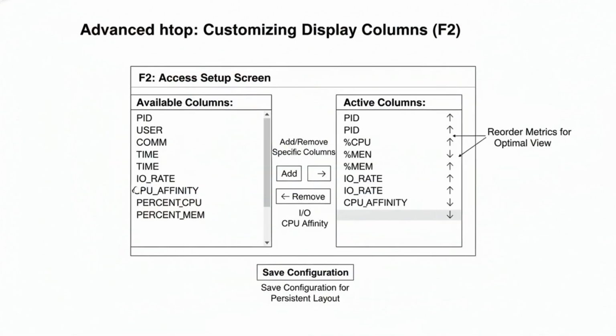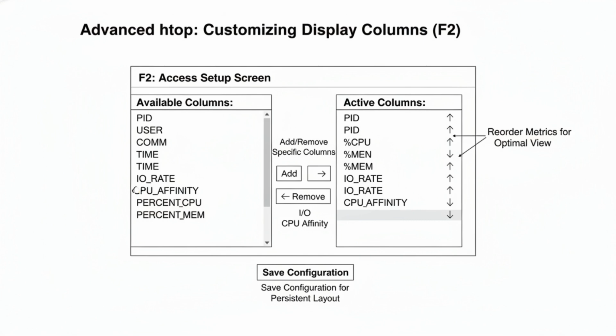To truly tailor htop to your specific monitoring needs, mastering column customization is essential. By pressing F2, you enter the setup screen, which gives you granular control over what information is displayed. You can add or remove columns like I/O utilization, CPU affinity, thread count, or specific user-defined metrics.